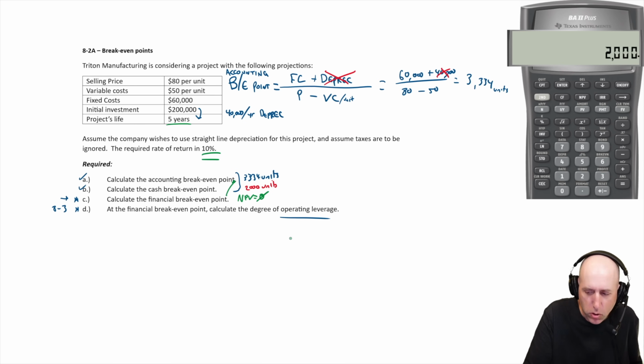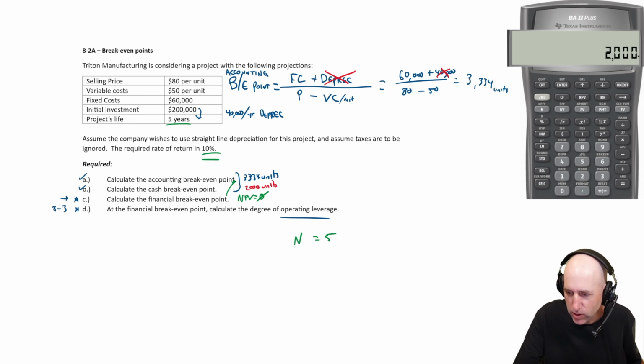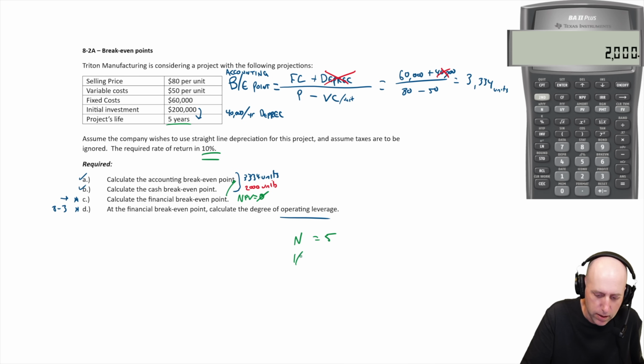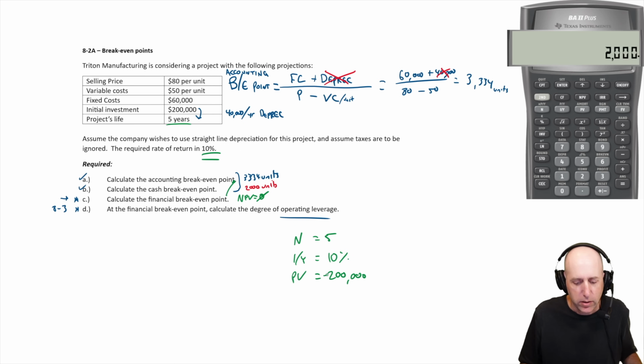Okay, so here's what I'm going to enter into my financial calculator. N of this project is 5. I'm just using the same annotations that are on the calculator. I/Y is the discount rate, 10%. PV, the cost, negative 200,000, so we're outlaying 200,000.